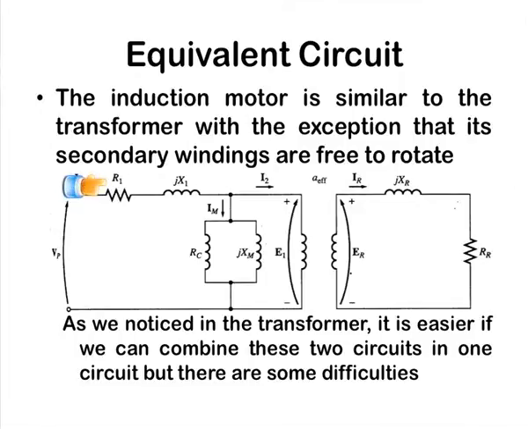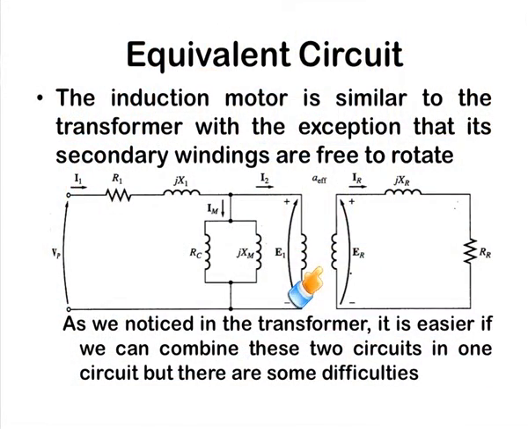We have R1 and reactance X1, where R1 is the stator winding resistance and X1 is the reactance of the stator winding. RC and XM represent the no load parameters. Mind it, the no load current in the induction motor is 30% of the full load current, while in the case of the transformer it was only 2 to 3% of the full load current.